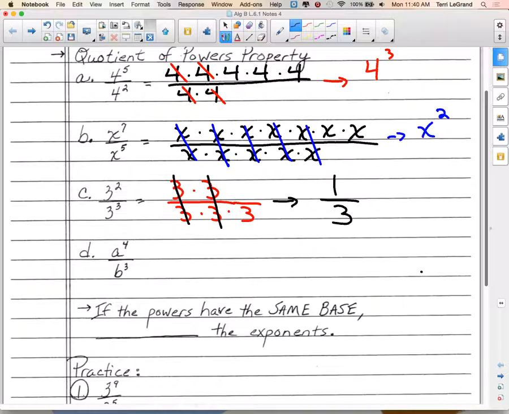1/3 is also known as 1 over 3 to what power? First power. Also known as, what, Cody? 3 to the negative first power.